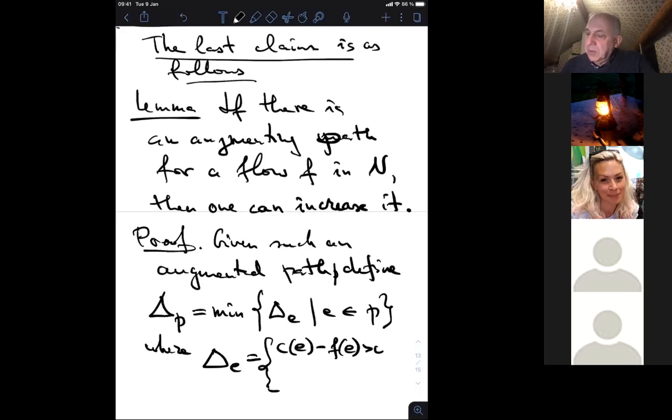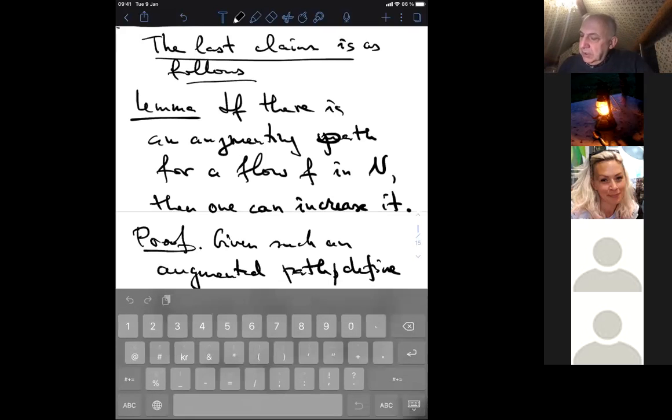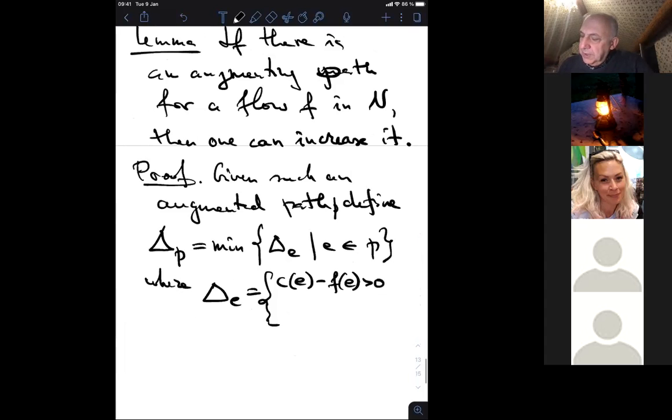This is a positive number by the definition of augmenting path. And if it's a backward edge, we're just taking the value of the flow itself, which is again positive by definition.